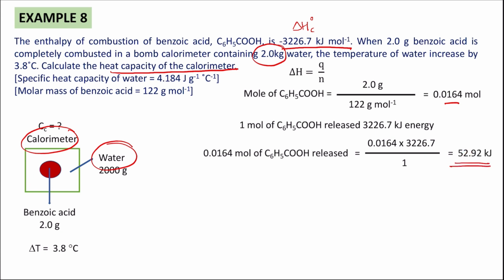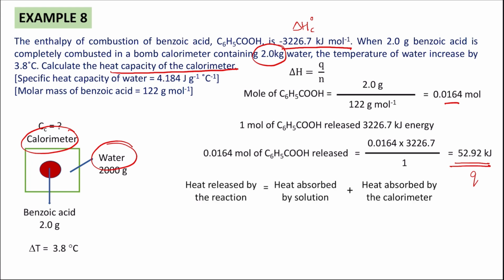So value ini kita akan gunakan dalam basic principle of calorimeter untuk Q. So, what will happen? Keluarkan information yang selanjutnya, iaitu basic principle of calorimeter. Kita ada dua surrounding, iaitu solution dan juga calorimeter, ataupun awak boleh guna sebagai water pun tak ada masalah. And then saya keluarkan formula, masukkan value.